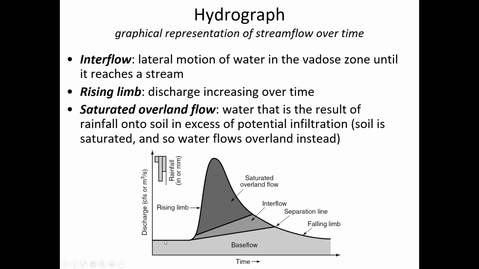It's the groundwater feeding the stream. You can see that the interflow, which is the movement of water beneath the ground surface but in the vadose zone, the unsaturated zone above the water table, is the next component at the foundation of the hydrograph. But then most of the peak that we see is the saturation overland flow.